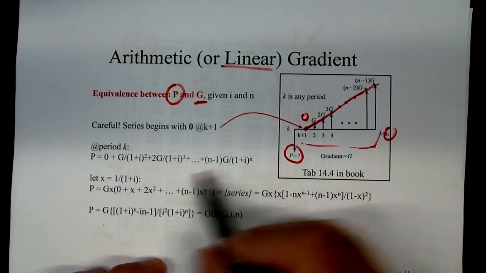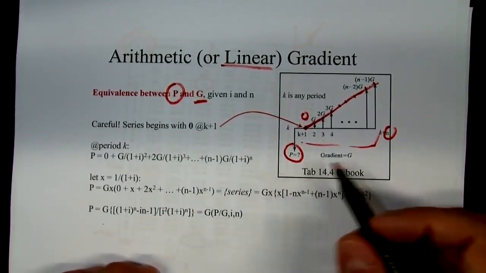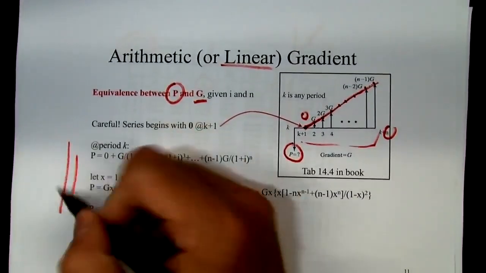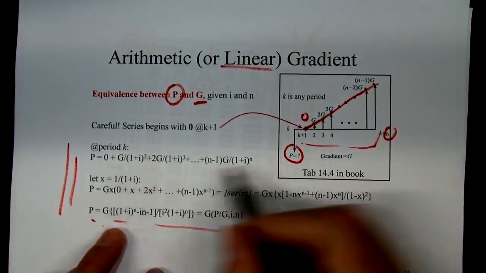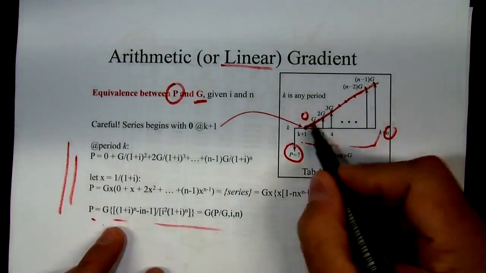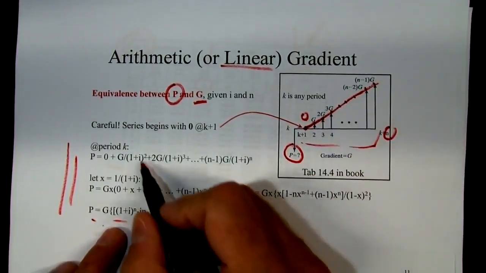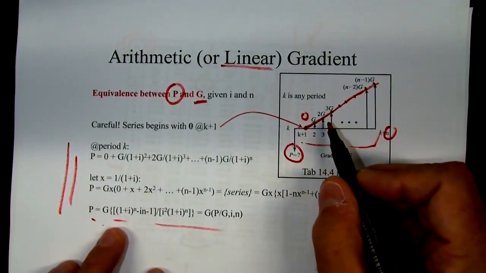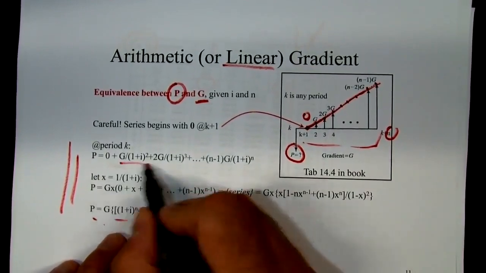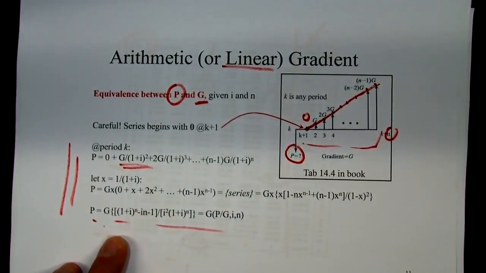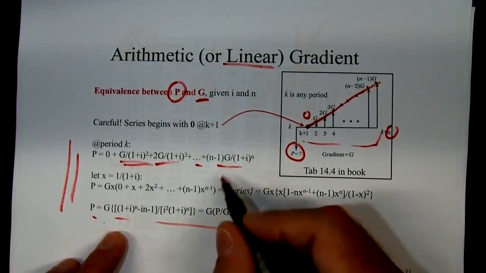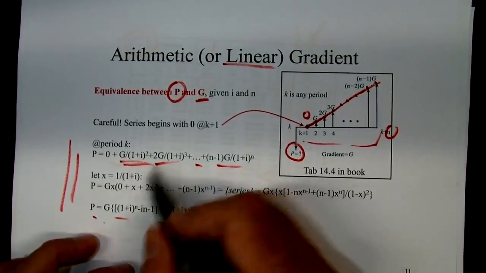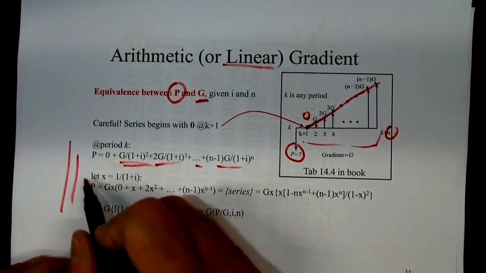Again, I won't test you on the math, but for the math enthusiast, how do you go to the final result? You can consider every single one of these arrows as a future value that you can convert to the present by a simple P given F. You do that for every G in your chart, and you do some mathematical manipulation here.